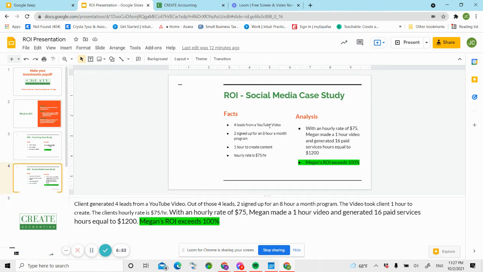The client's hourly rate is $75 per hour. Therefore, with an hourly rate of $75, the client made a 1 hour video and generated 16 paid service hours equal to $1,200. This means that the client's ROI exceeds 100%.